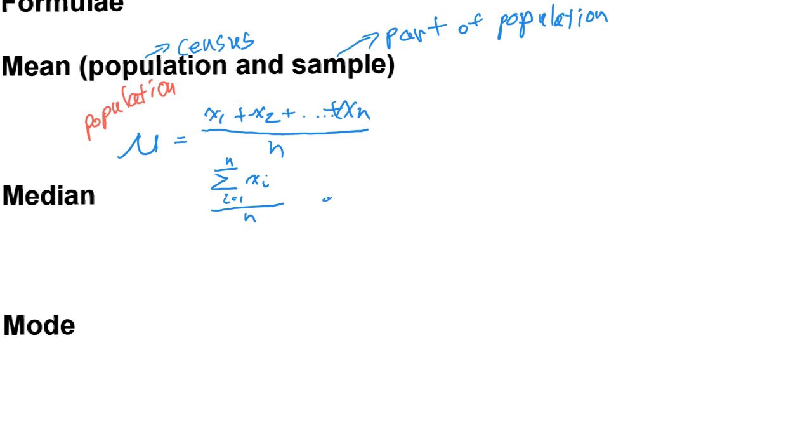And that sigma basically says take all of the integer values from 1 to n and use x sub 1, x sub 2, x sub 3 all the way up to x sub n, and then just add them all together. That's what that means. That saves us a lot of time, okay?